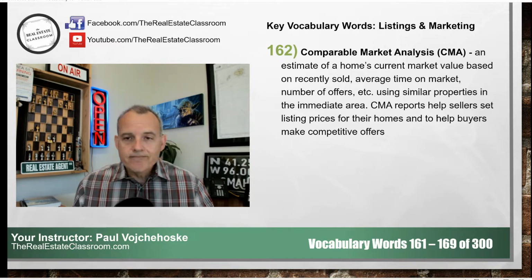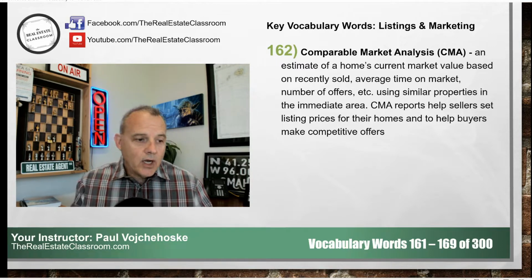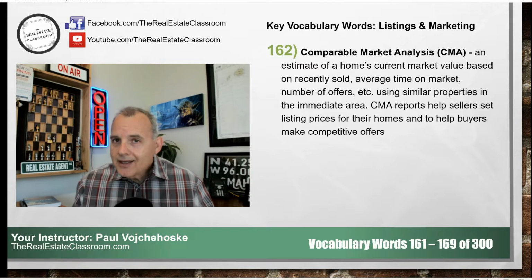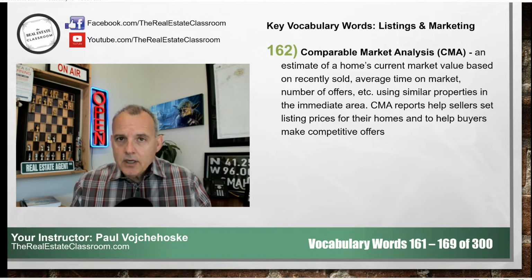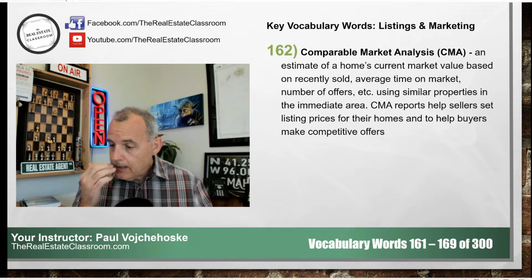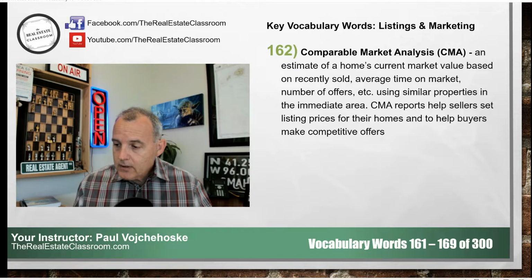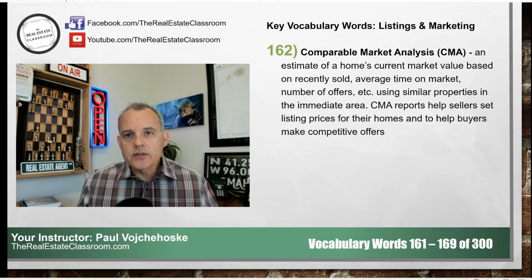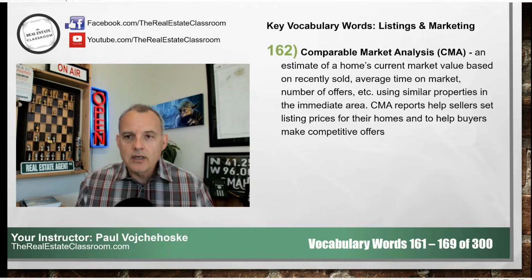We use average market times for that area, the number of offers that we're seeing in that area, those types of things, which does differ from a fee-based appraisal report. A lot of times appraisers will argue that a CMA really should be done the same way as an appraisal, and that's simply not true.